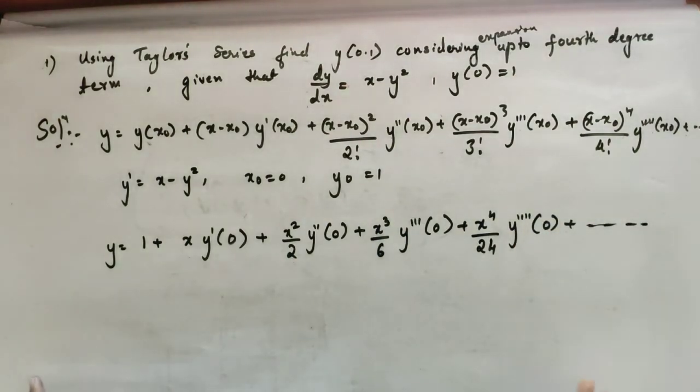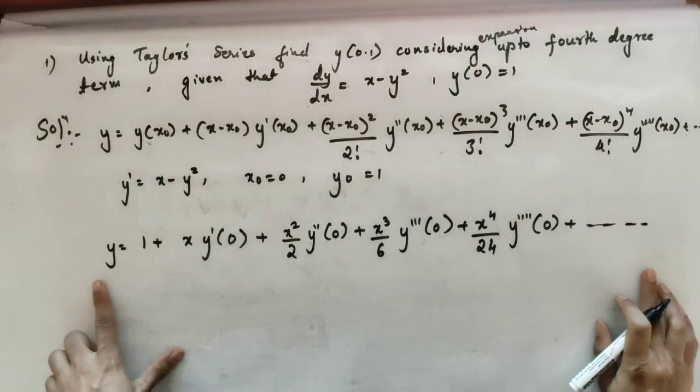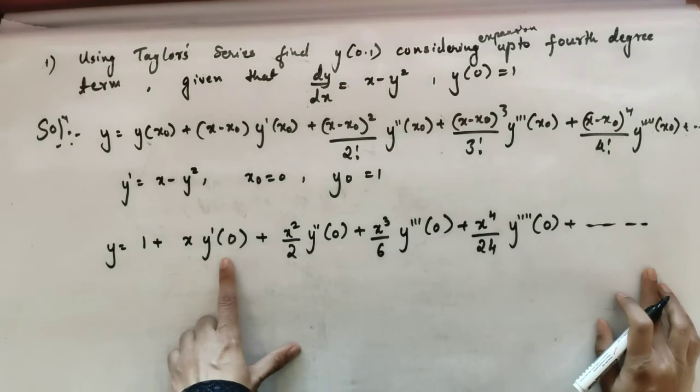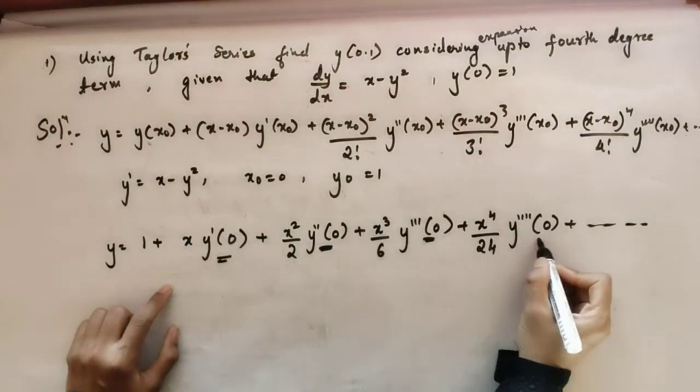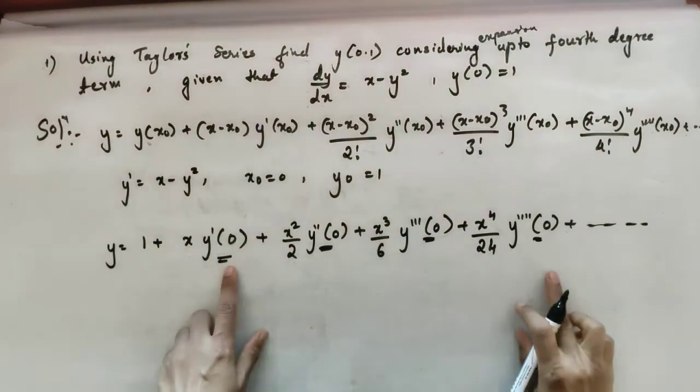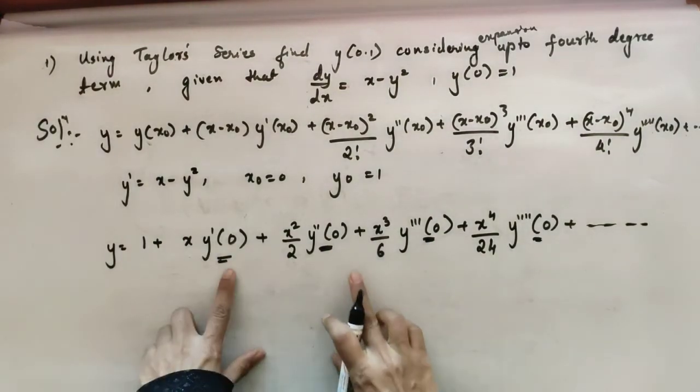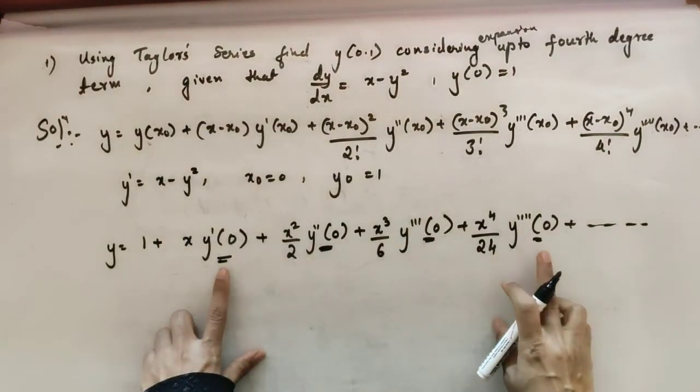Now we have done the substitution, so this should be this step. I hope up till here everyone is clear. Now we have to evaluate these values. In this complete expansion, these values are missing, so we need to evaluate them.